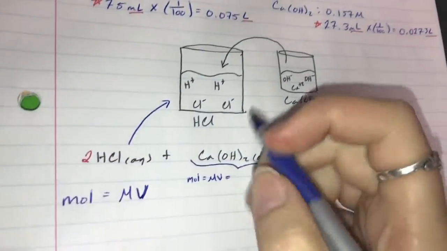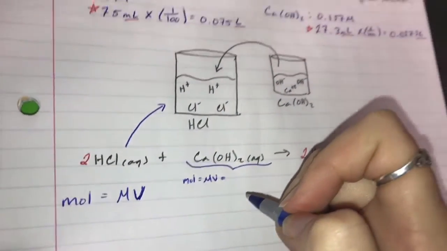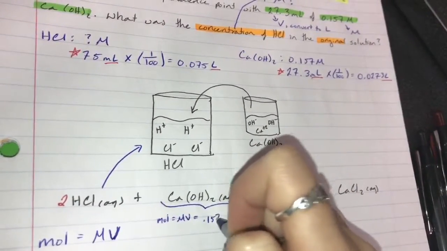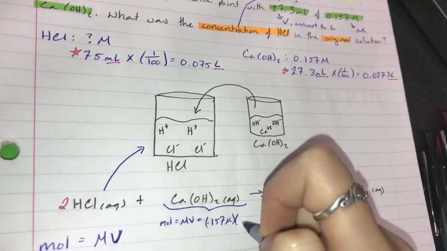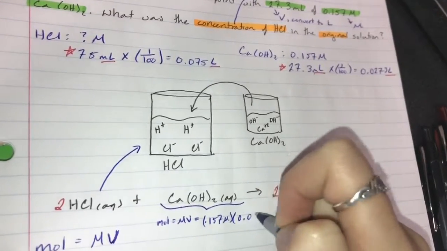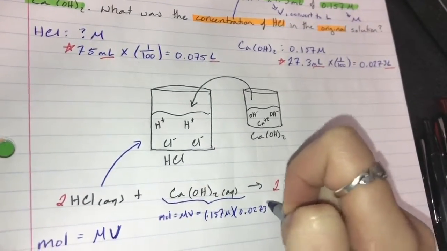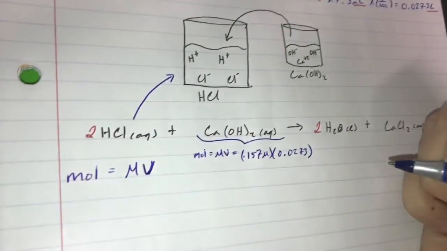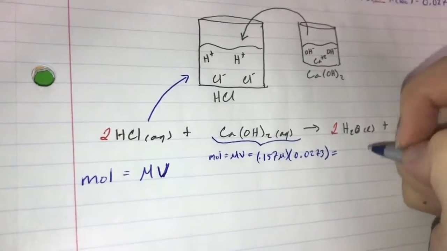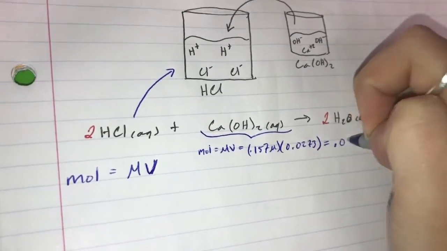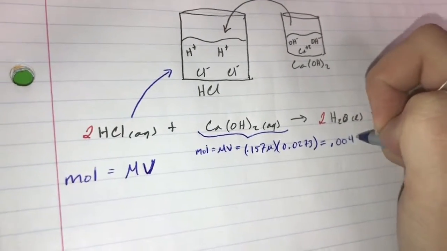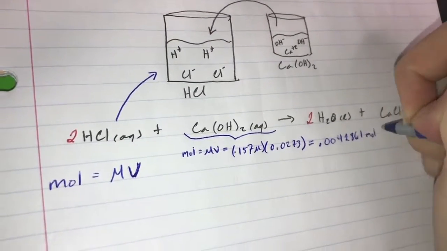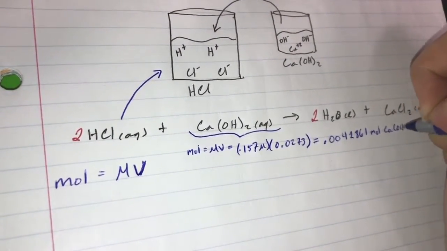So we can go down here and just plug those two numbers into our equation. And remember to use the liters, not milliliters. So if you multiply that out, the calculator is going to tell us this really long number here. And that is the moles of calcium hydroxide.